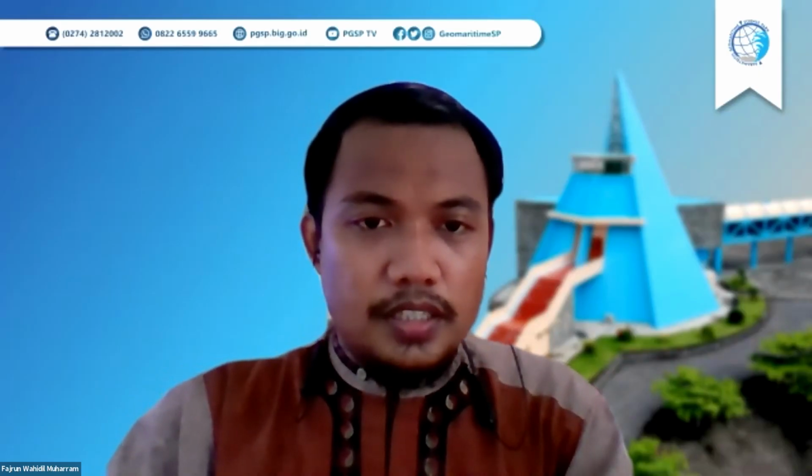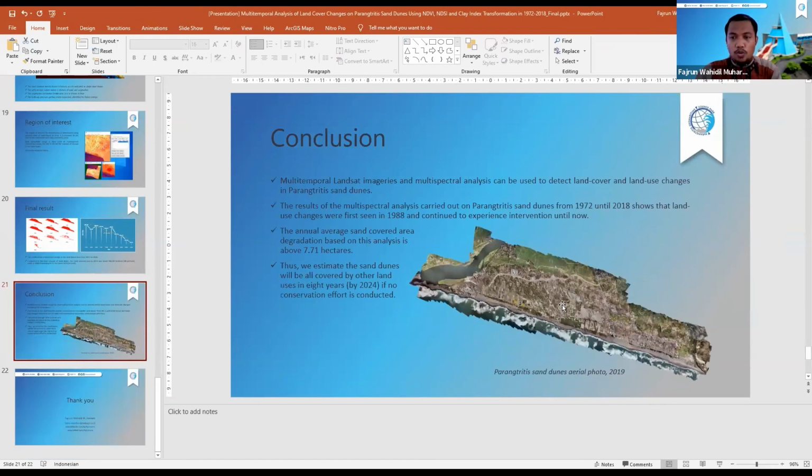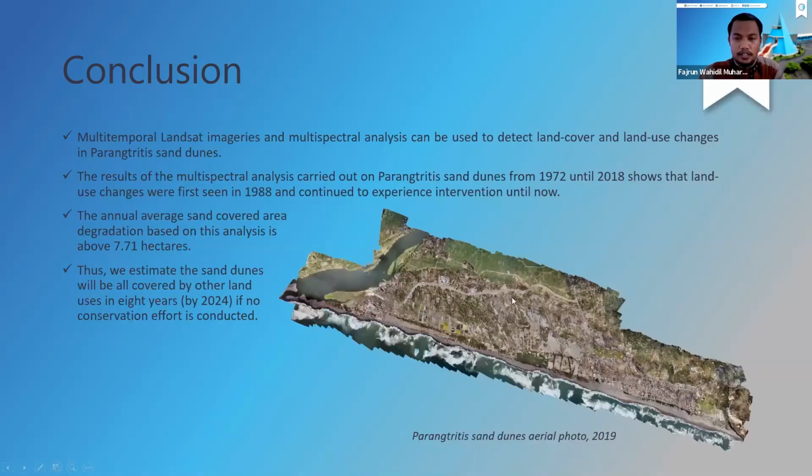Actually, last year we conducted a field assessment of the sand dunes area. So we distributed several sample points.